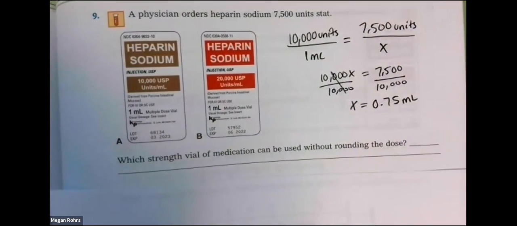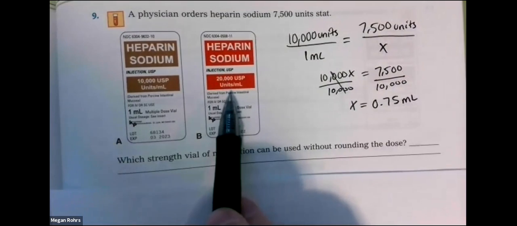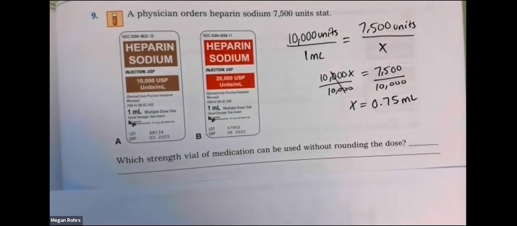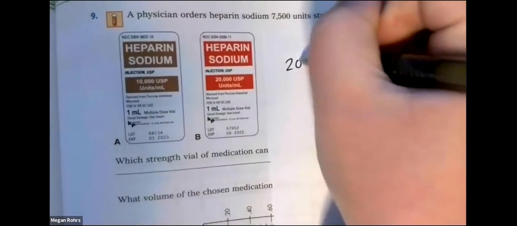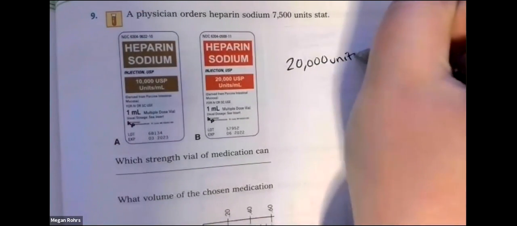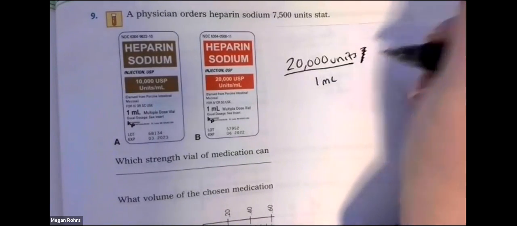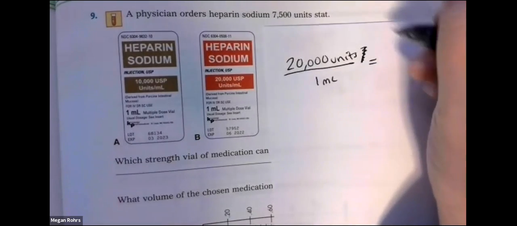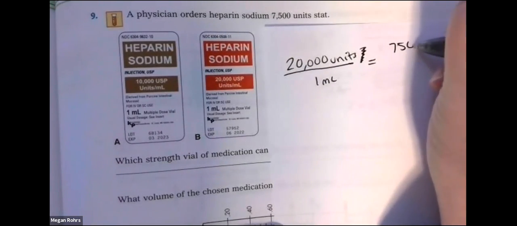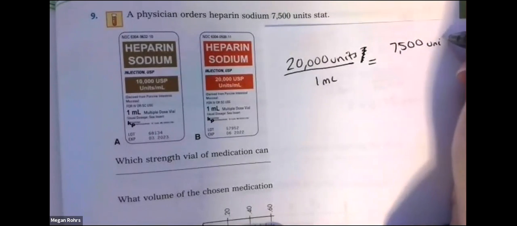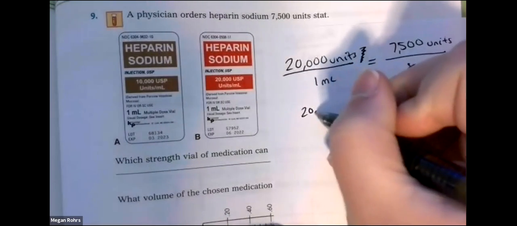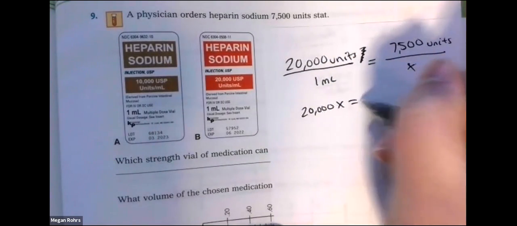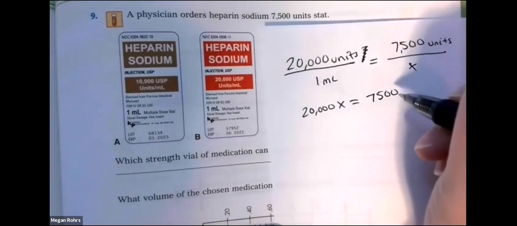Now we want to do the same thing here with the 20,000 unit per mil vial to figure out what that volume would be. So here we have 20,000 units per 1 milliliter. And we're going to set that equal to our order for 7,500 units over X. So we have 20,000 X equals 7,500.